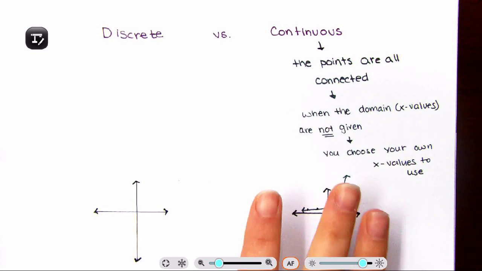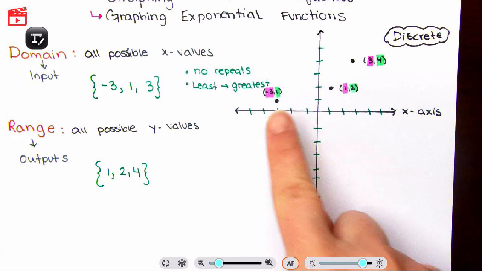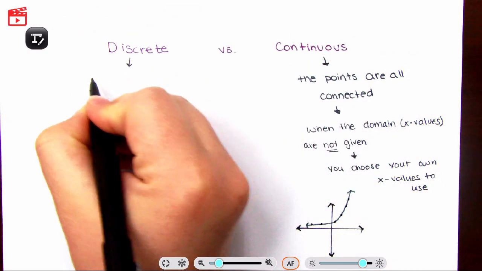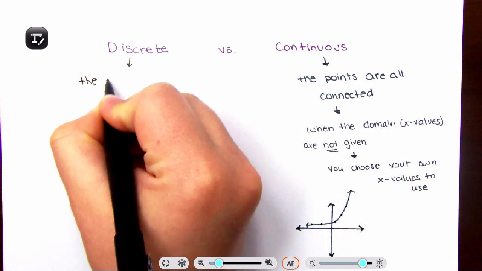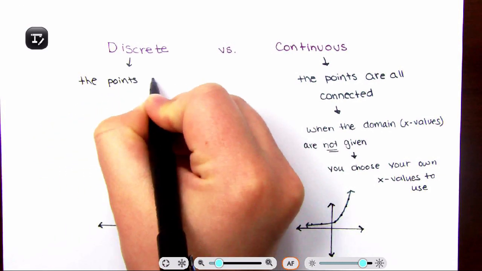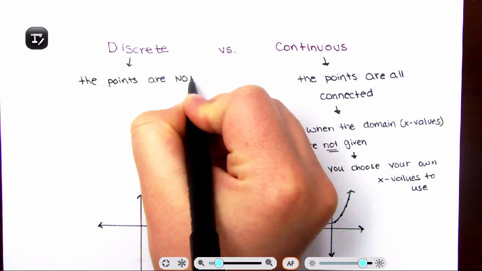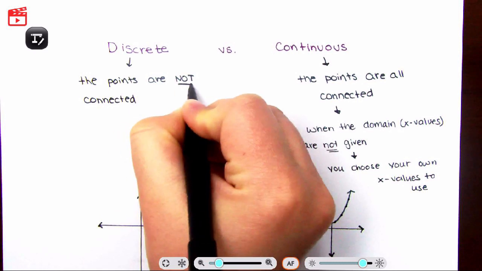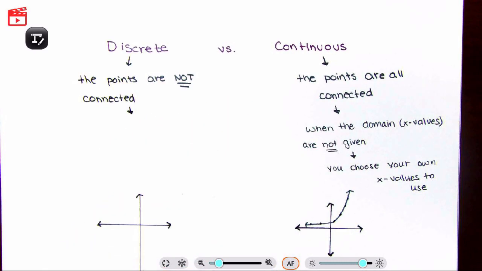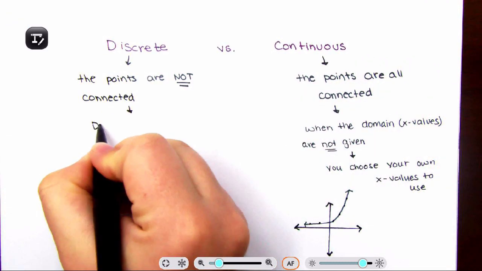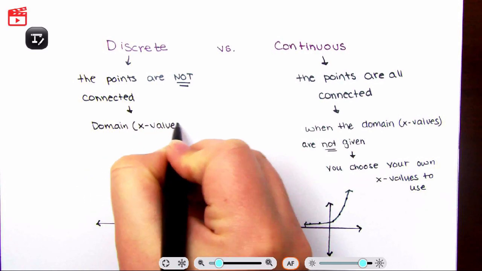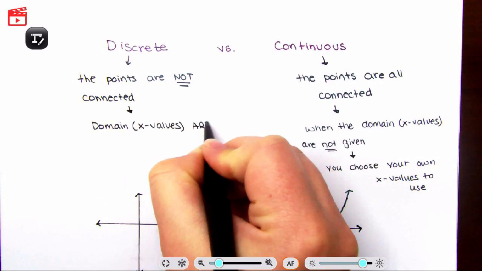Now for a discrete graph, which is what we had here, notice that the points are not connected. So for discrete graphs, the points are not connected. That means when you're doing these problems, graphing exponential functions, the domain or the x values are given.